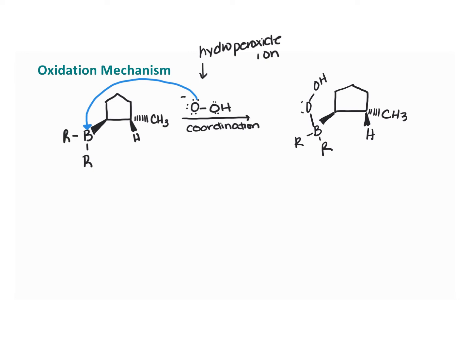Okay, so this is a borate ester, and I'm sorry, this is not a borate ester. We're going to make a borate ester. So what we're going to do here is we're going to see a 1,2 alkyl shift. And so when we see this shift, what happens here is that these electrons, oh, and boron's got a negative charge now.